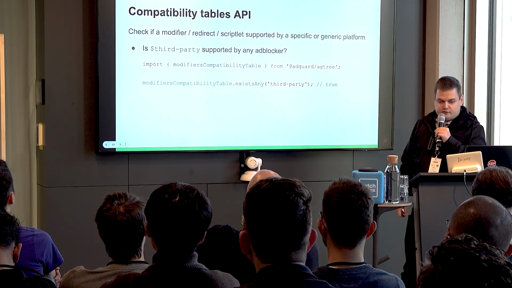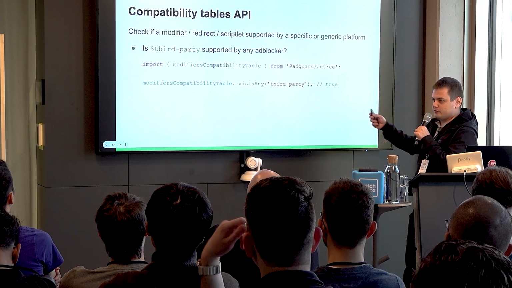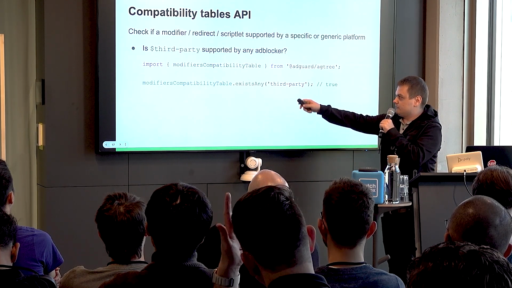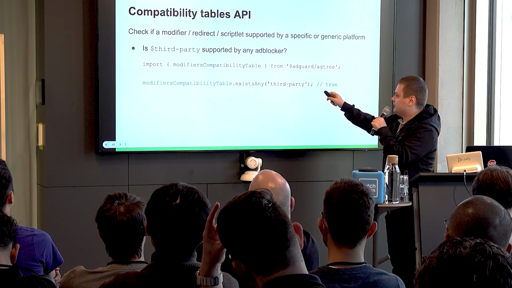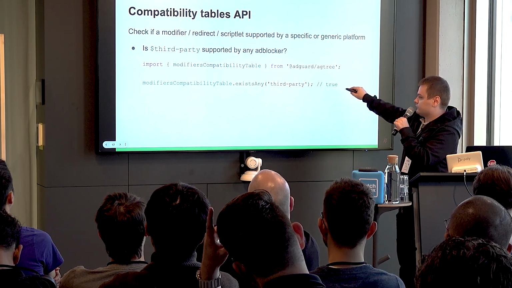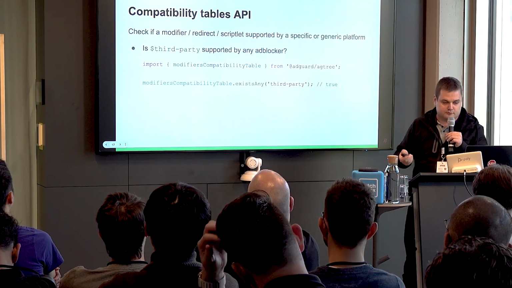A common use case might be checking if some particular modifier exists or not. So you just import the modifier compatibility table, then you call exists with any and third-party, and it returns true if it matches with any platform.